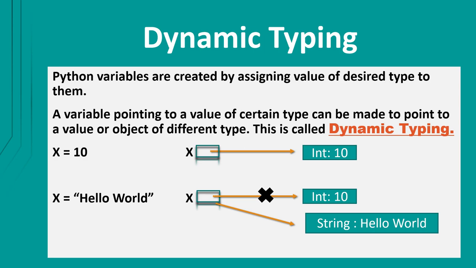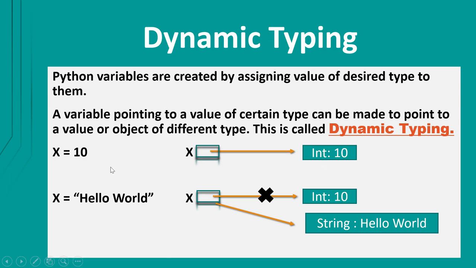Now, another feature of Python is dynamic typing. It means Python variables are created by assigning a value of the desired type to them, and a variable pointing to a value of a certain type can be made to point to a value or object of a different type. This is called dynamic typing. Suppose x is a variable holding the value 10, then it is of integer type.